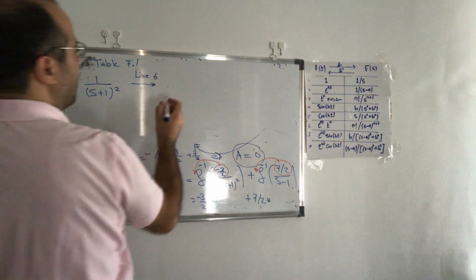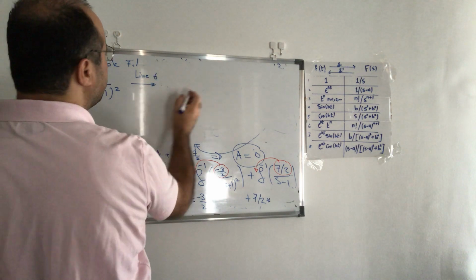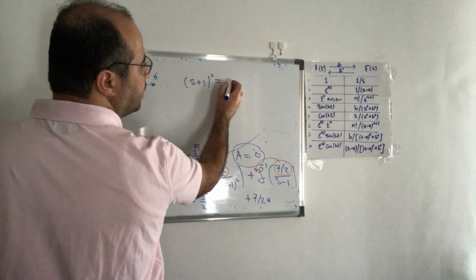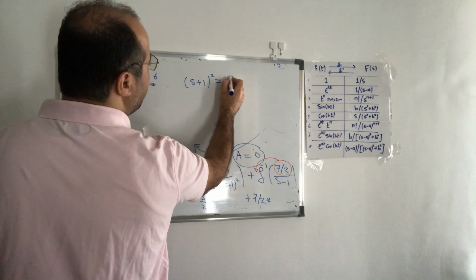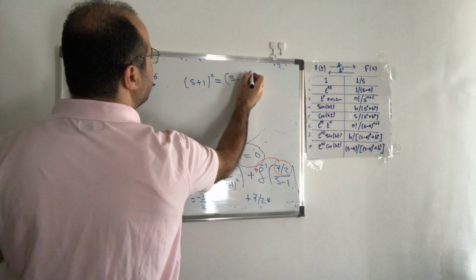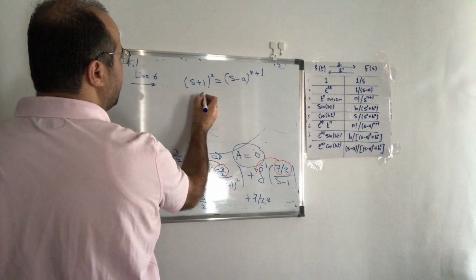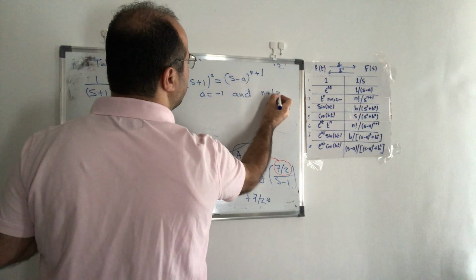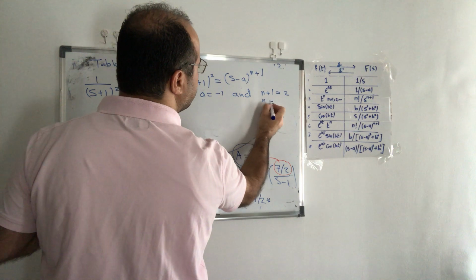Line 6. Now start comparing with the denominator. So S plus 1 squared should equal S minus a to the power n plus 1, right? Then a should be minus 1 and n plus 1 equals 2, and then n should be 1, right?